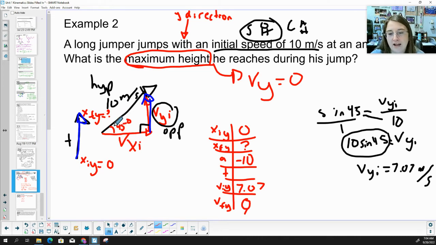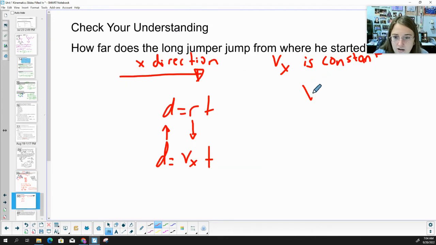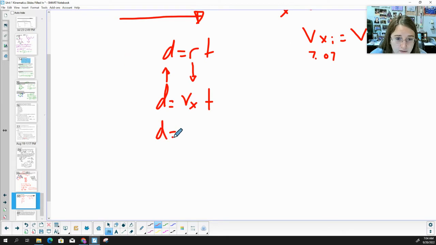If it's a 45, 45, 90, the x and y's are the same. So I can say that right here. Vx initial is going to equal Vy initial because it's a 45, 45, 90. If it were not, I would have to do trig again. But it's going to be 7.07. So my velocity here is 7.07. But I need the time.